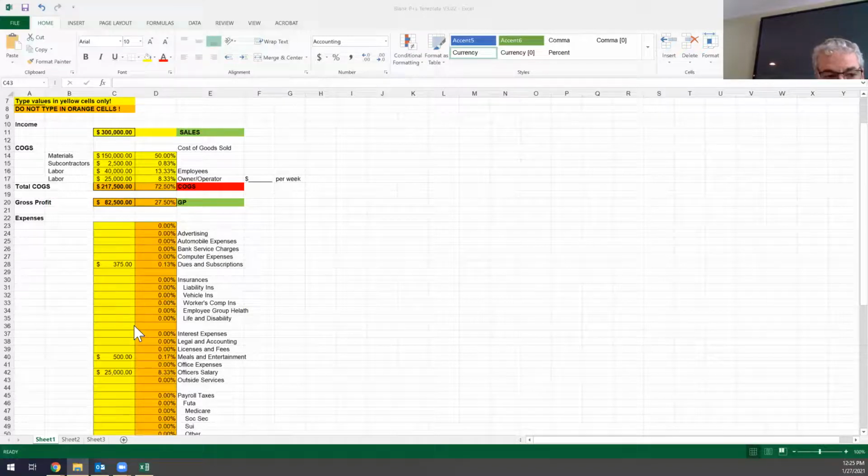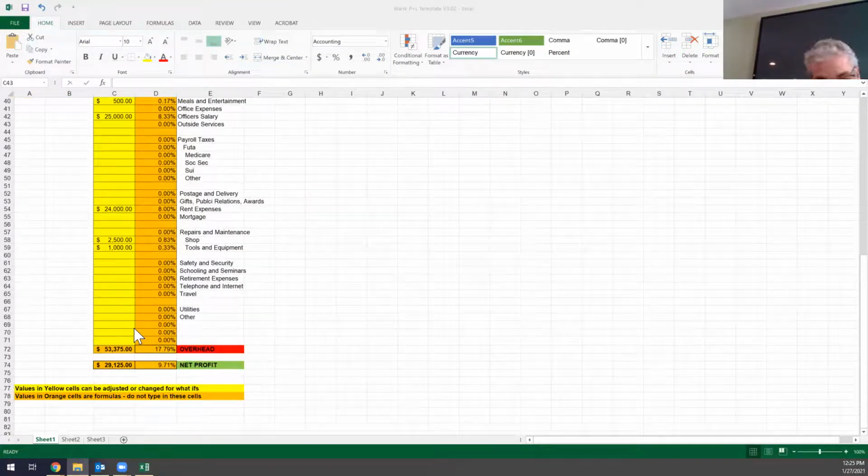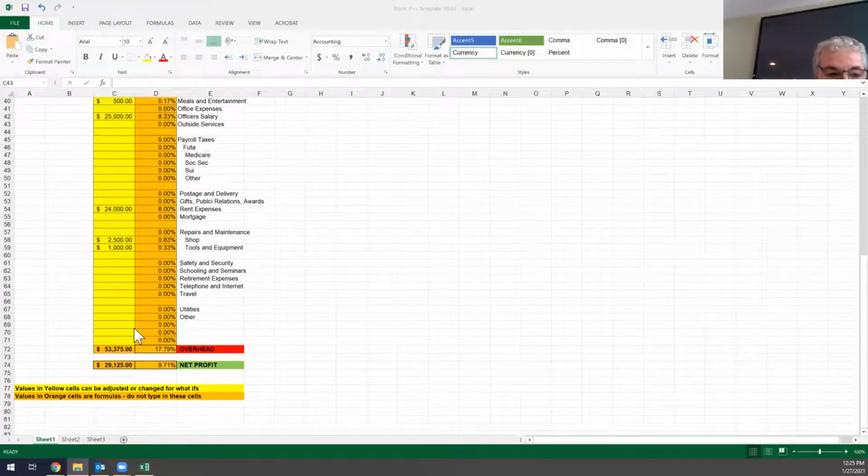I missed the mark. I don't have enough money at the bottom. If we scroll down to the bottom, what's the net profit dollar supposed to be? 29. Yeah, 29, and I got 27. So I missed the mark. And if we're running really tight for the year and something doesn't go our way, that can just diminish our profits, or it comes out of owner's salary, really.